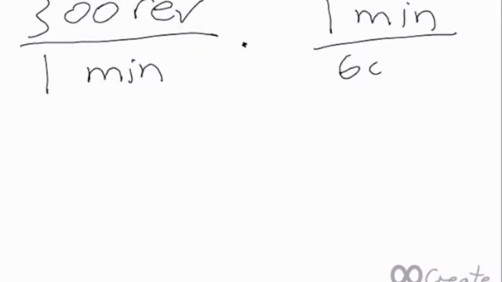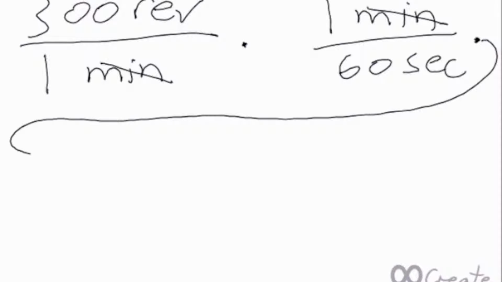Same thing as last time, 300 revs, or rotations, same thing, per minute. I'm shorthanding everything here, so we don't have to write everything out real big. And then after that, we're going to go ahead and convert minutes into seconds, because it wants it in centimeters per second. So 1 minute is 60 seconds. So you go ahead and cancel out minute, and then you're going to multiply this.